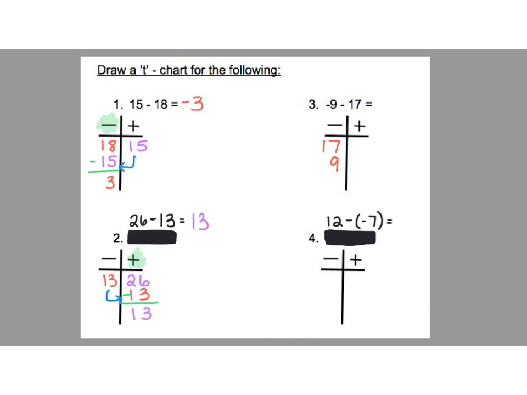Since both of these numbers are on the same side of my T-chart, I'm going to add them together. 9 plus 7 is 16, carry my 1. 1 plus 1 is 2. 17 plus 9 equals 26. The 26 is in the negative column, so my answer will be negative. Negative 9 minus 17 equals negative 26.